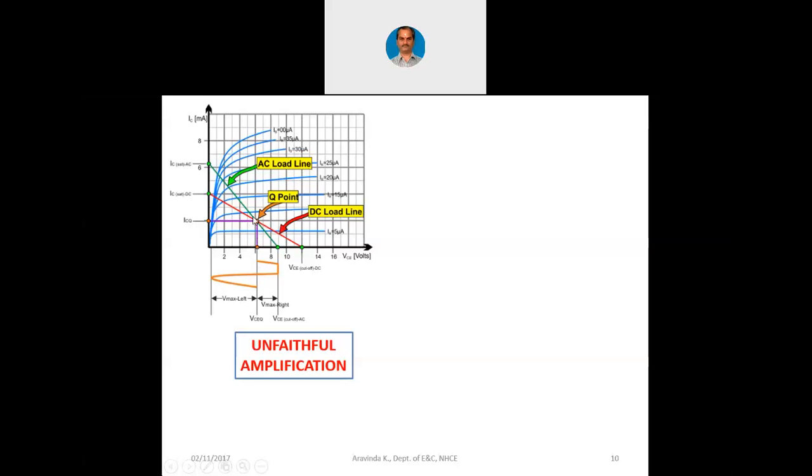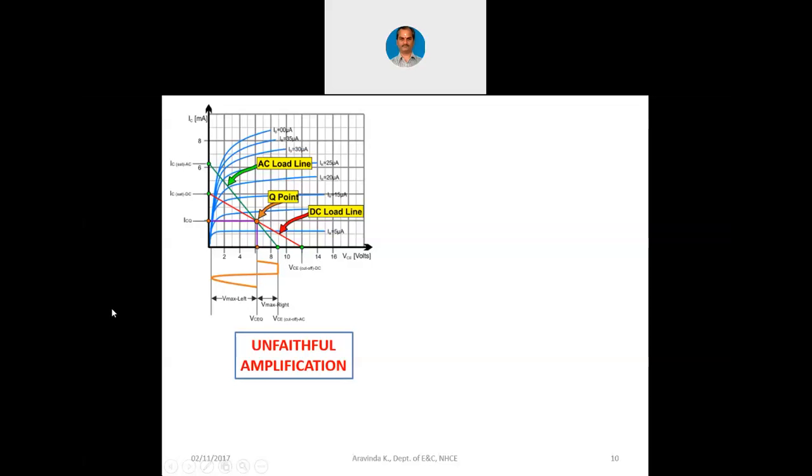We are not dealing with a small signal amplification. In small signal amplifiers, we used to presume that the input signal will be only around the Q point. But in a large signal amplification, the input signal can be much larger. It can have a larger swing with respect to the Q point. Now you can see this is an unfaithful amplification here.